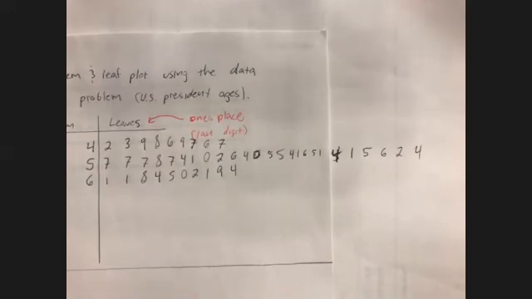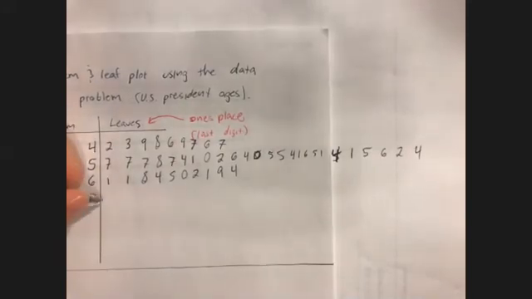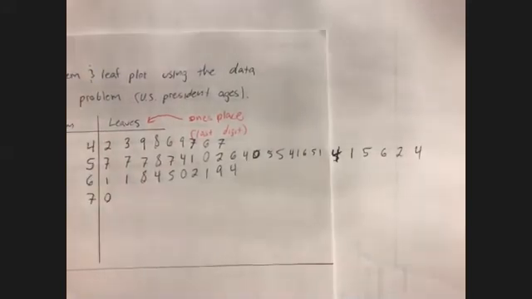That is all the 60s. And then finally, we get to 7, there's only 70. Okay. So that should add up to 45.